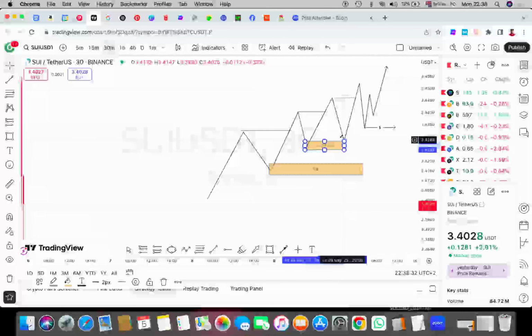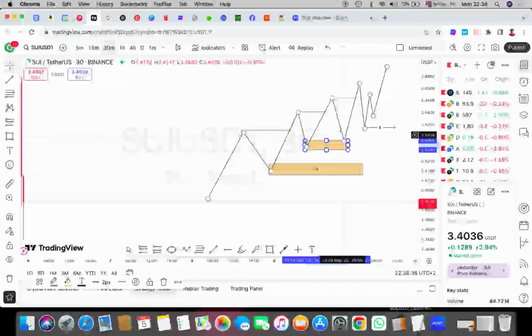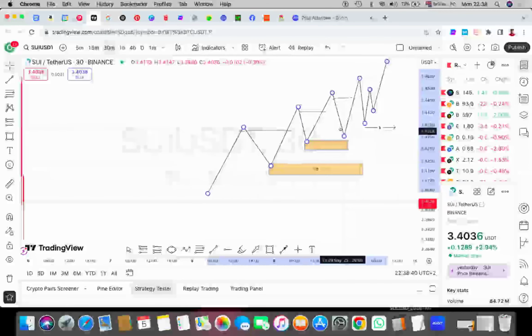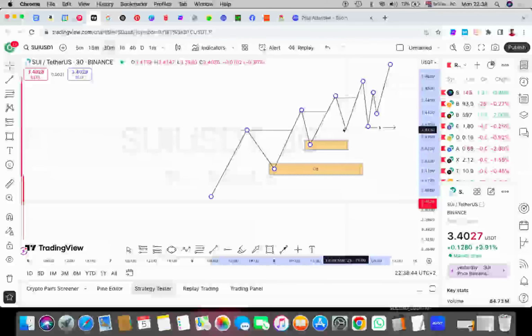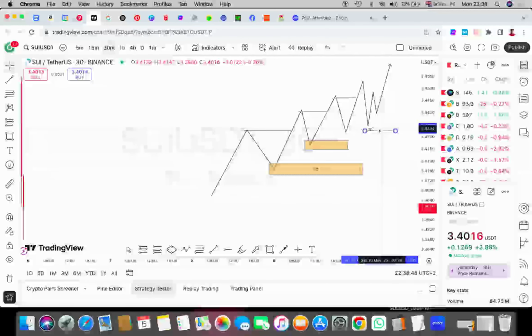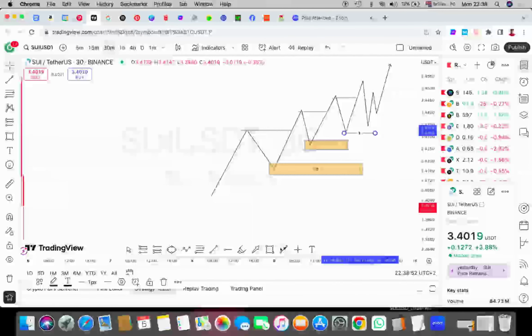So let's say, now if this order didn't get picked before it came here, there was something like this, right? This would be liquidity.